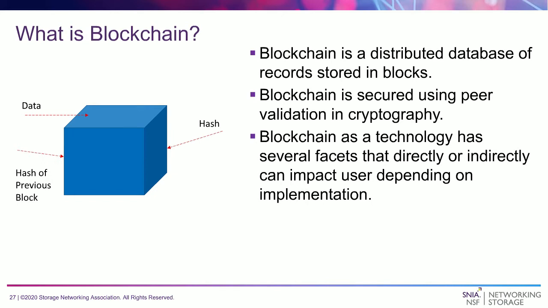Overall, a blockchain is a distributed database which keeps a continuously growing list of records and protects them from revision and tampering. That ties back to Eric's point that every block is marked with a hash.